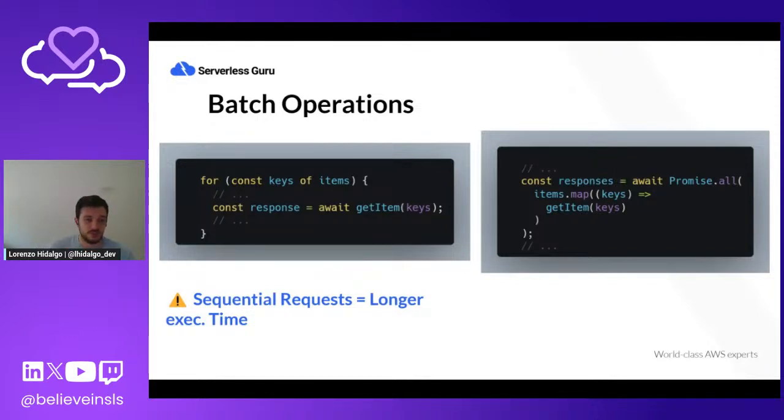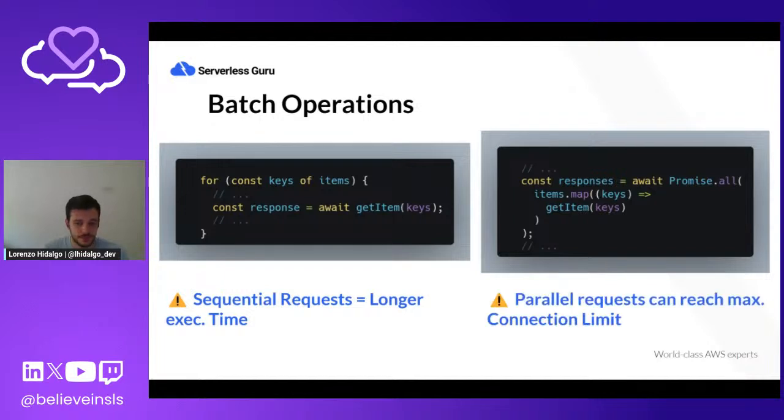If you need to retrieve, let's say, 100 or 1,000, you might find yourself in another problem, which is that parallel requests can reach maximum connection limits. So sequential single get item or update item or any type of request will produce longer execution time, and doing them yourself in parallel can reach a connection limit.